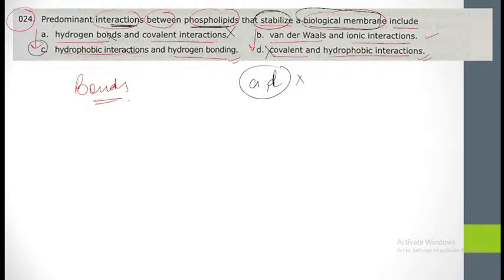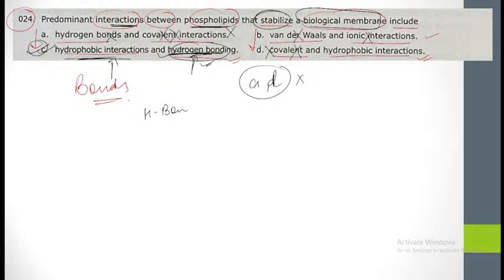Hydrogen bonding for sure is very important, so option number C could be taken into consideration. Van der Waals forces and ionic interactions both do play an important role, but most importantly it is the hydrogen bonding and the hydrophobic interactions. So the answer for this question is option number C.